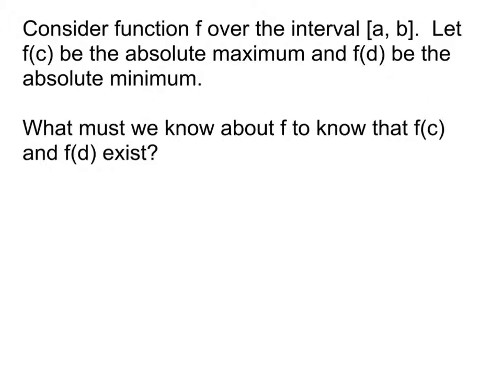Let f of c, so that's the y value, be the absolute maximum, and f of d be the absolute minimum. What has to be true about function f in order for us to know that f of c and f of d exist? That is, what must be true about f in order to know that the absolute maximum and the absolute minimum are actually going to exist somewhere on this interval?